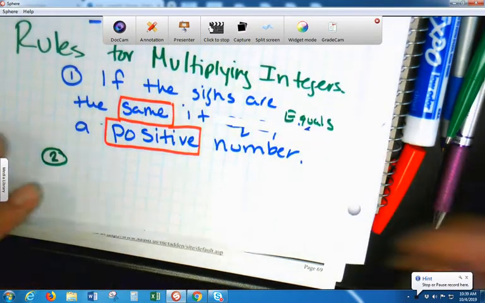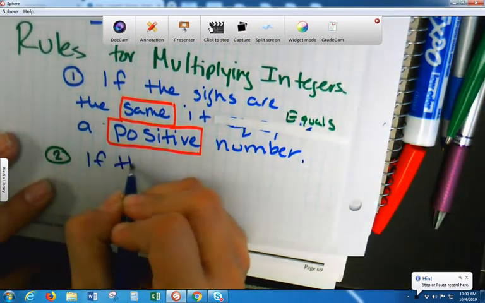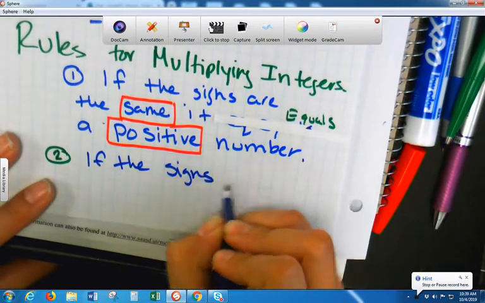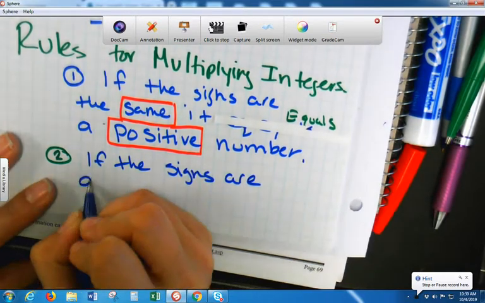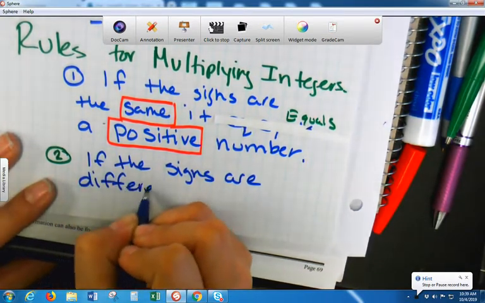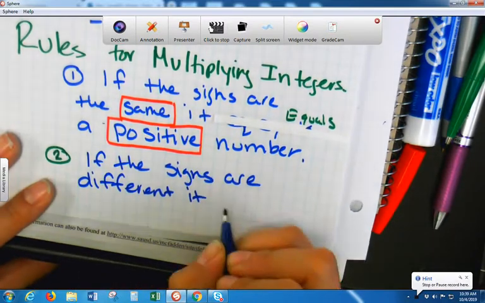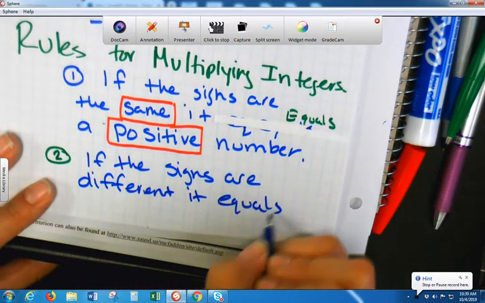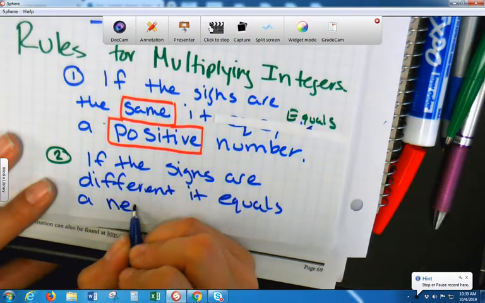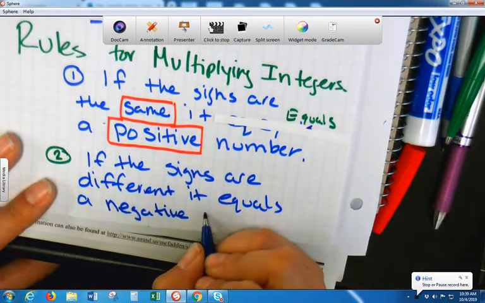If the signs are different, it equals a negative number.